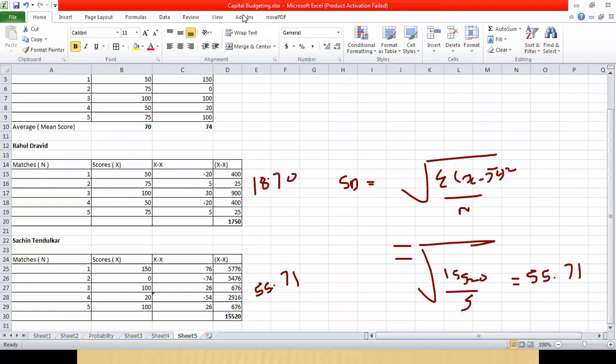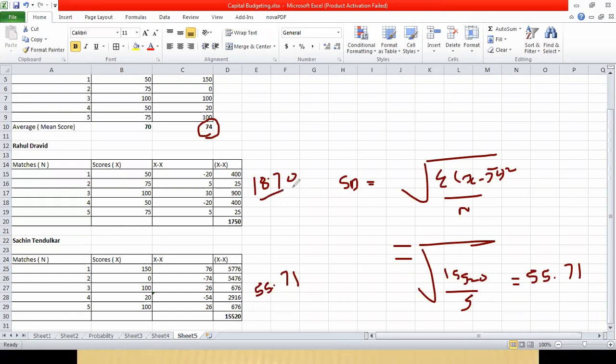Now, if you go by the mean average scores scored by a particular player, you will prefer this player. Okay, but that is not correct, because consistency is not indicated by the mean. So to understand whether a player is consistent or not, you will have to calculate standard deviation.